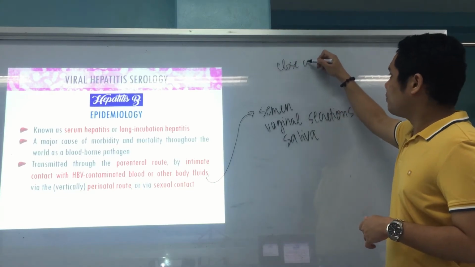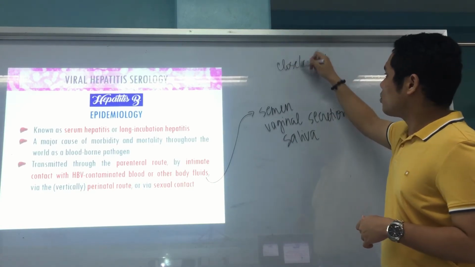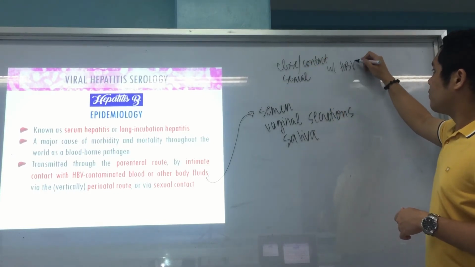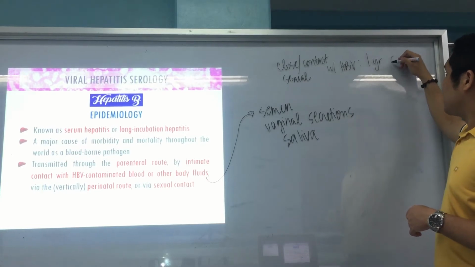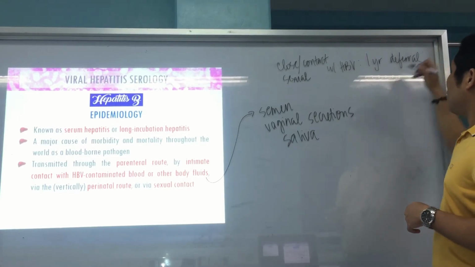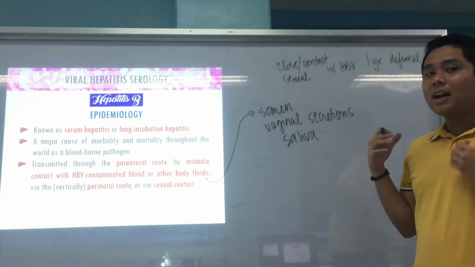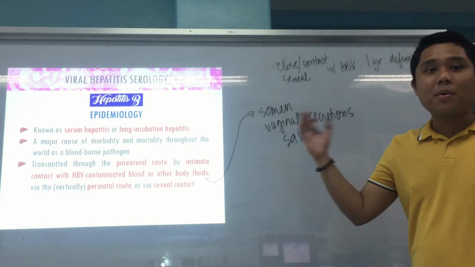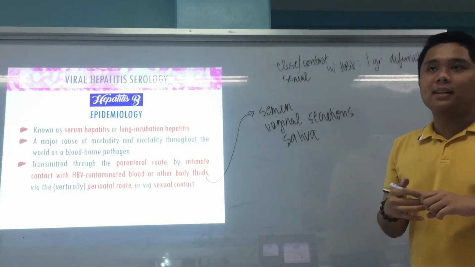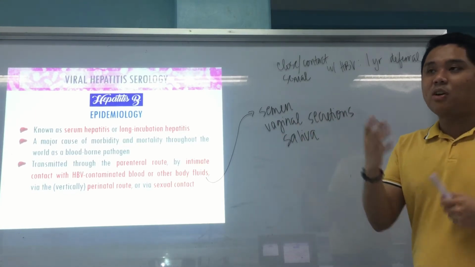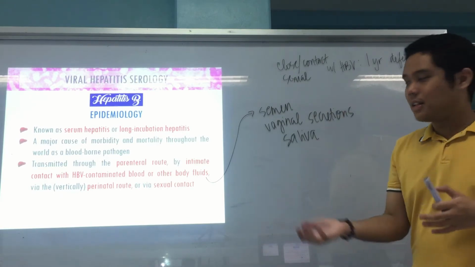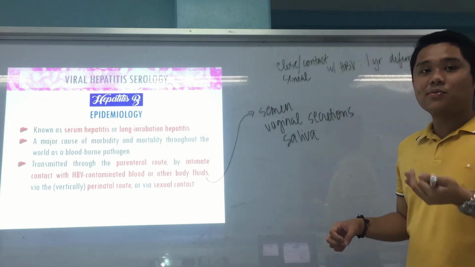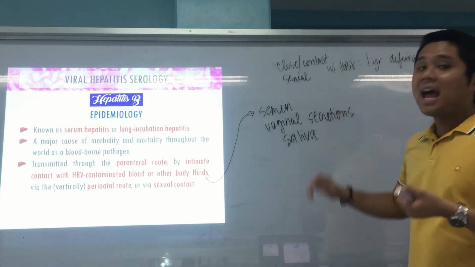Close contact or even sexual contact with an HBV-positive person is a 1 year deferral. Why the deferral? It's because of possible saliva exposure. You're living with a person, so it could be through sharing utensils, saliva, or talking, so there's a big chance that saliva was transmitted. So you can get infected. That's why you have a 1 year deferral.